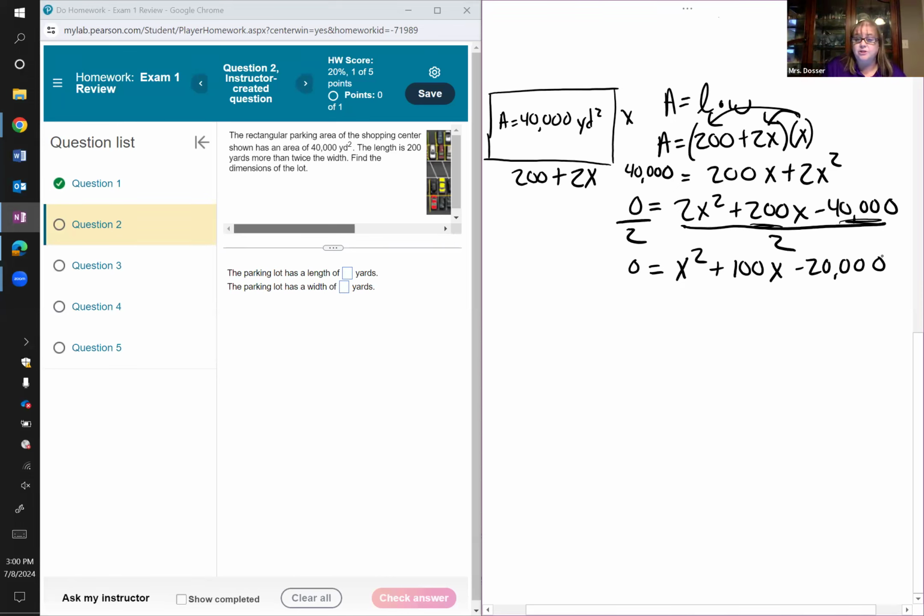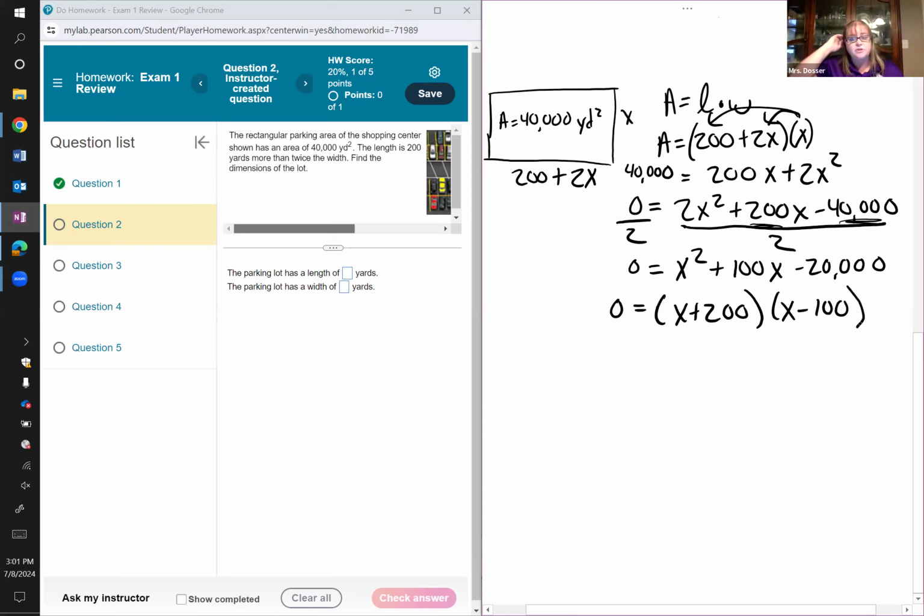Now we can look at factoring, or you can use the quadratic formula. If you don't see how it factors, you can use the quadratic formula. You will get the exact same results. If you do see how it factors, that's usually a little quicker. And so this one does factor. It's going to factor as x plus 200 times x minus 100.